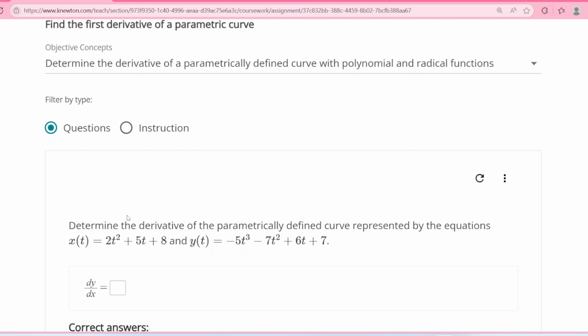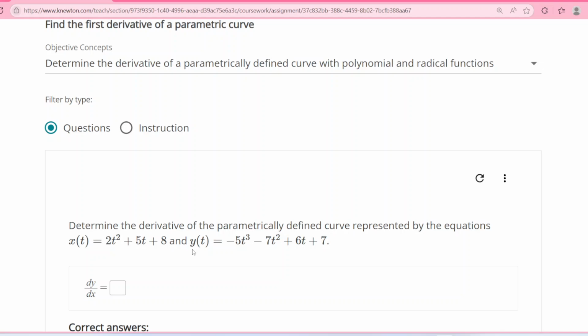All right. So in this question, we're asked to determine the derivative of the parametrically defined curve represented by the equations. So we have x of t. The x coordinate of any position on the curve depends on this parameter called t, and it's calculated as 2t squared plus 5t plus 8, a polynomial in t.